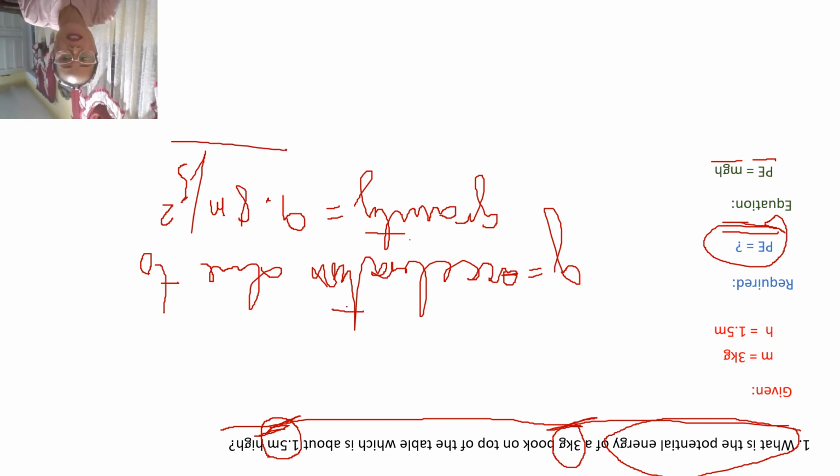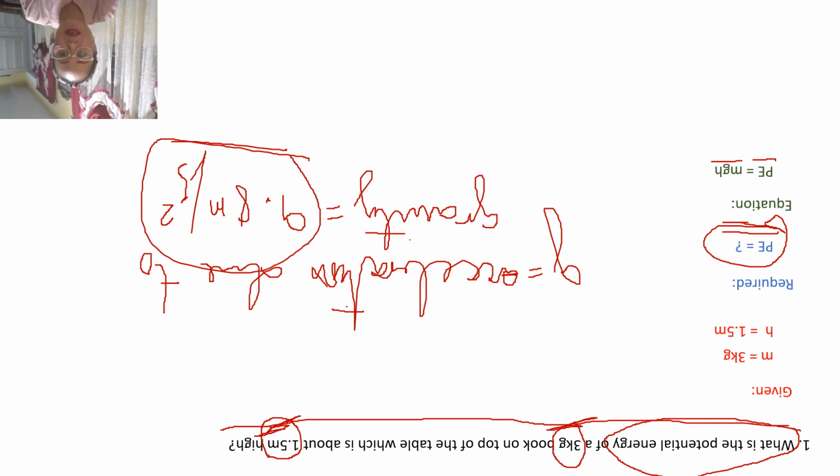G, or acceleration due to gravity, its value is constant. Ibig sabihin, kahit saan tayo pumunta dito lang sa Earth, our acceleration due to gravity is always 9.8 meters per second squared. Hindi yan pwedeng baguhin. Always remember that, huwag niyong kalimutan. Kahit saan kayo pumunta, kung kayo ay tatanungin, what is the value of our G? You should always answer with 9.8 meters per second squared.